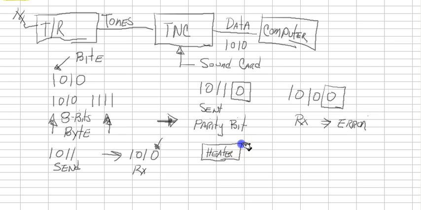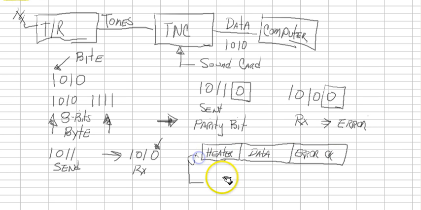Then the next thing we're going to send is our data. Then the next thing we're going to send is the error check information. Now all this group of data, we give a name, and this is called a packet.